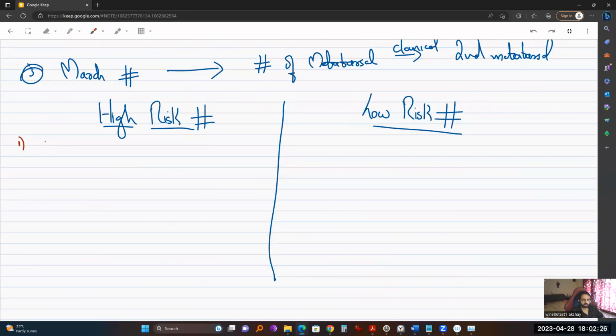So the first one is lateral femoral neck fracture, and the second one is anterior tibial fracture, usually seen in the midshaft.